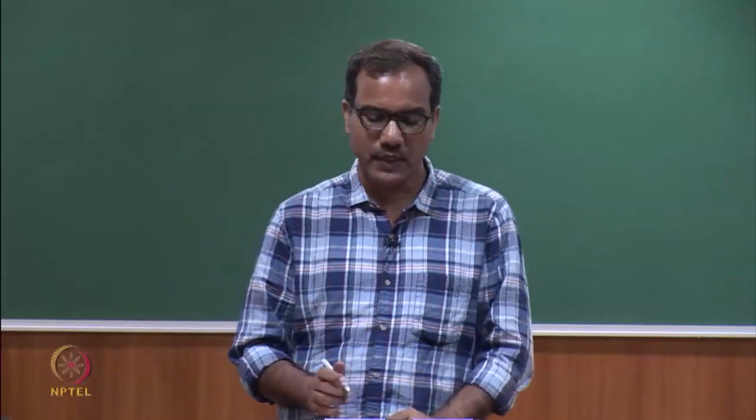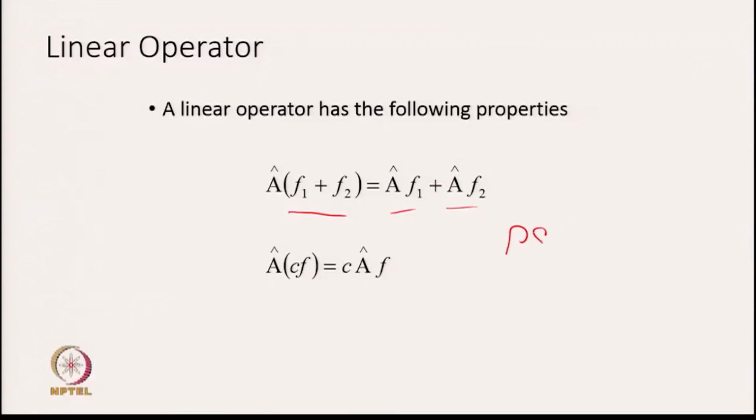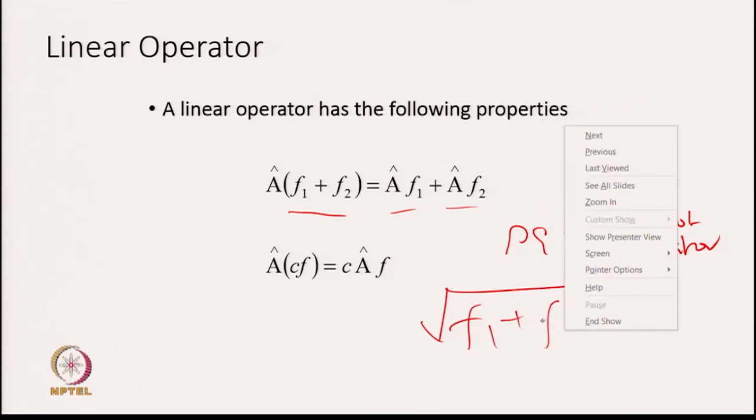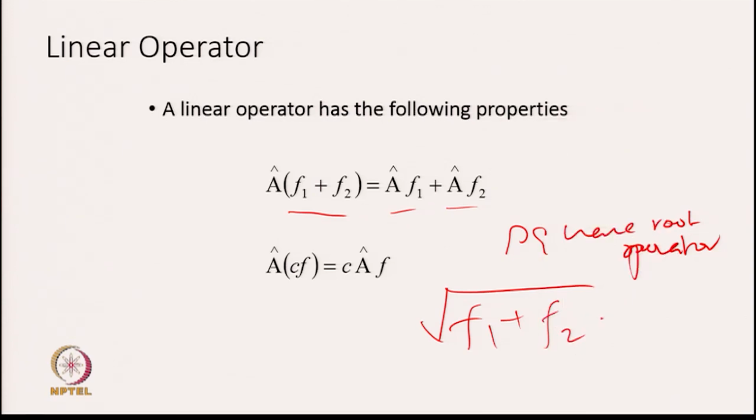For example, suppose you have a square root operator. The square root of f1 plus f2 will not be equal to the square root of f1 plus the square root of f2.